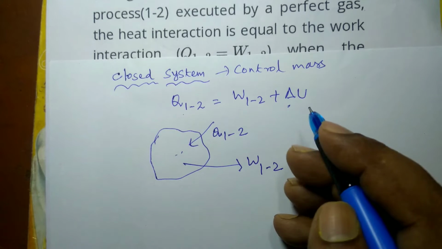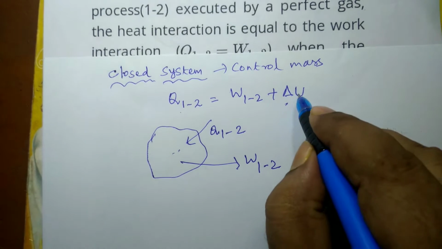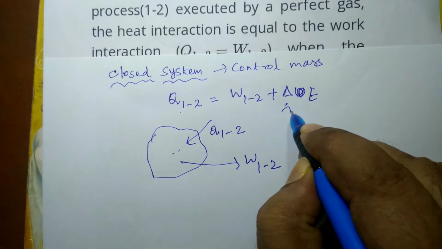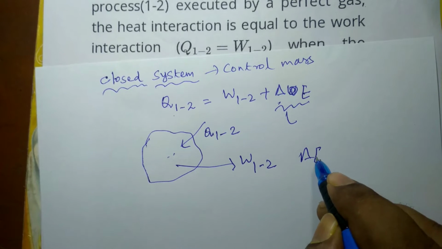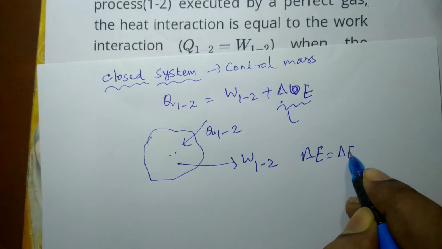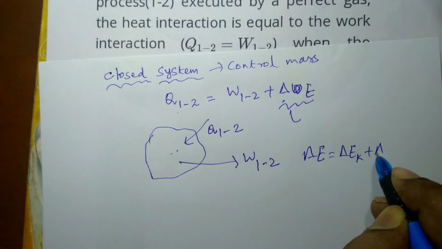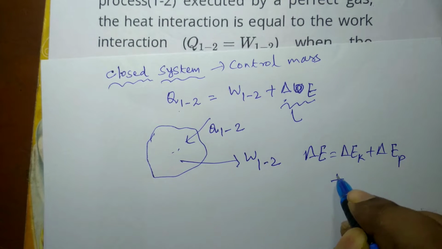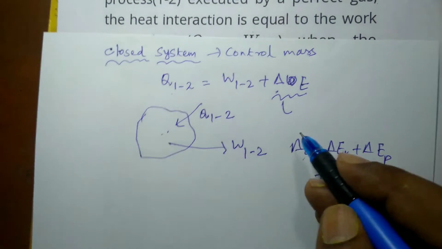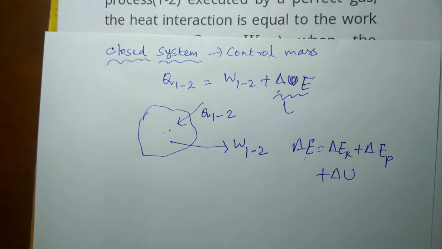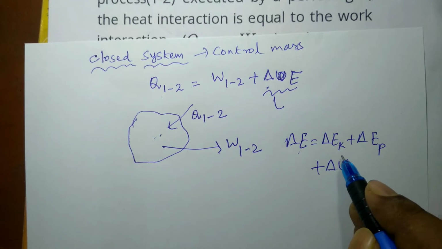In fact the equation is delta E, and delta E is equal to delta EK plus delta EP plus delta U. Capital E refers to the energy of a system. Energy contains three terms basically.